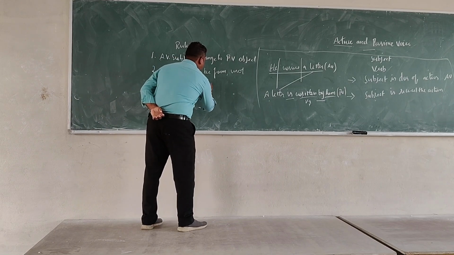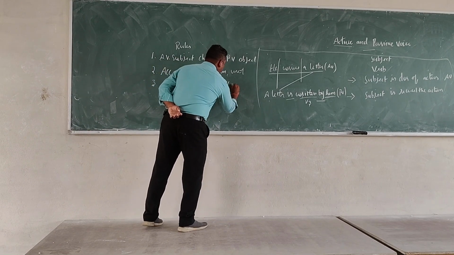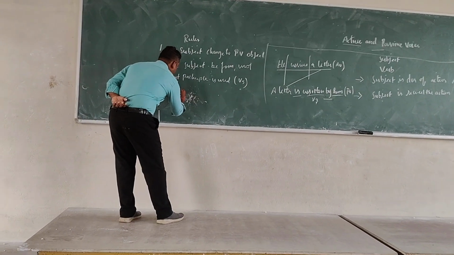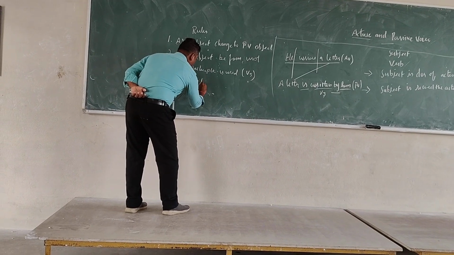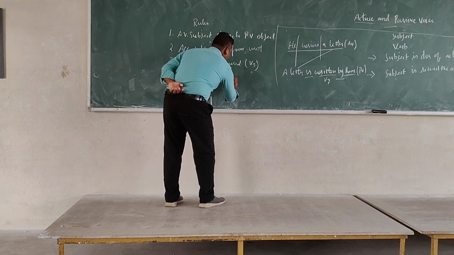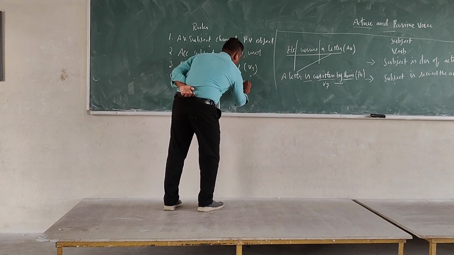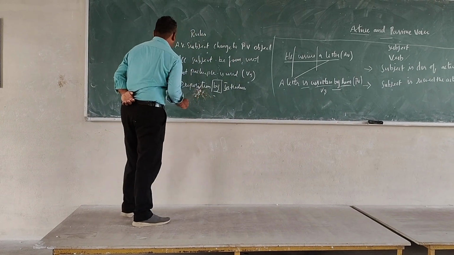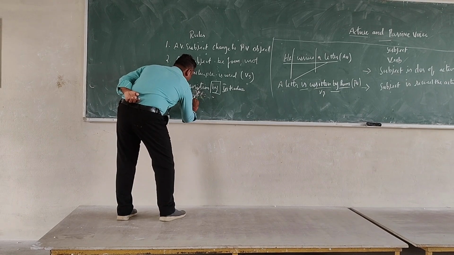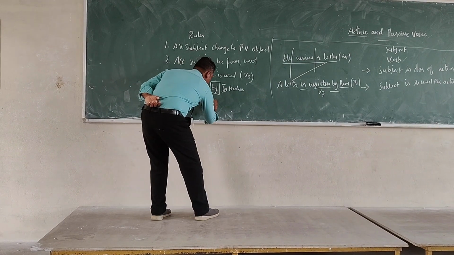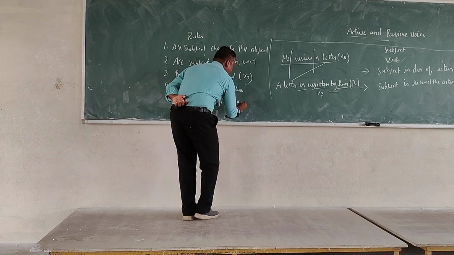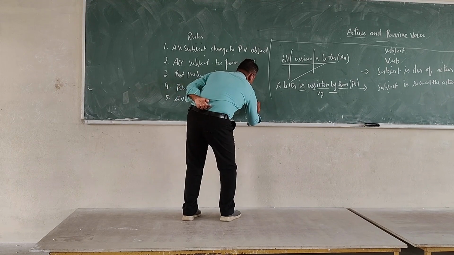The past participle verb is used. Then the fourth one: preposition by. Preposition by introduces. And the last one: active voice object changes to passive voice subject.